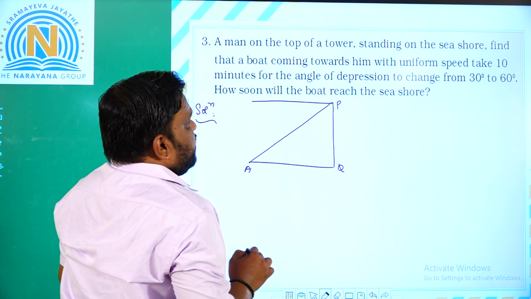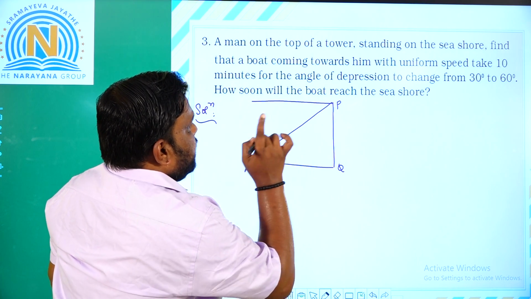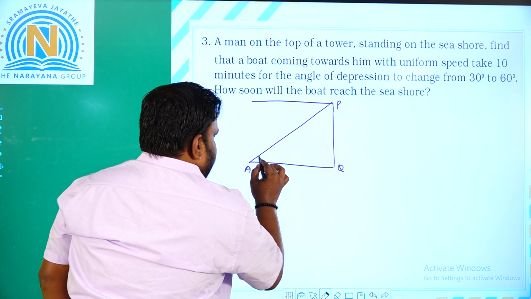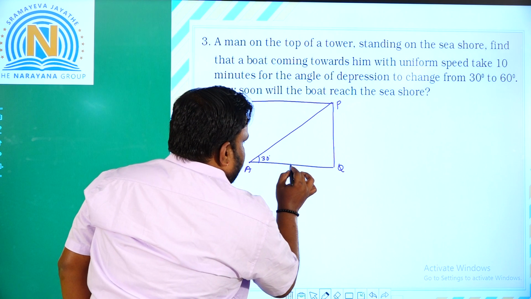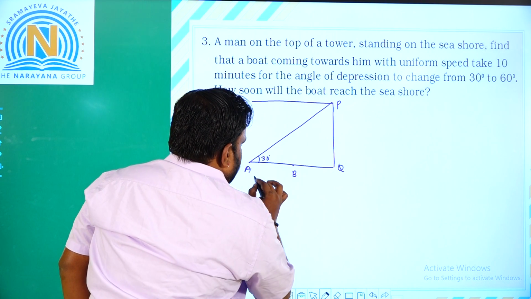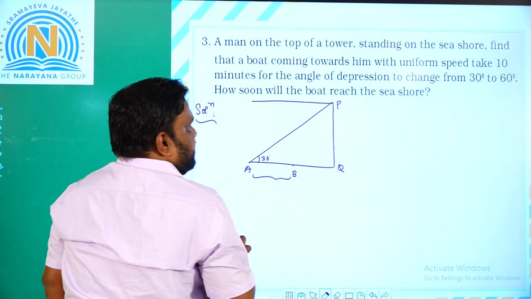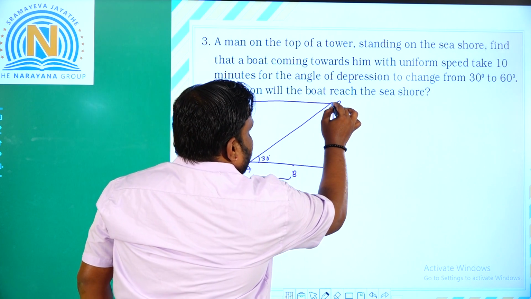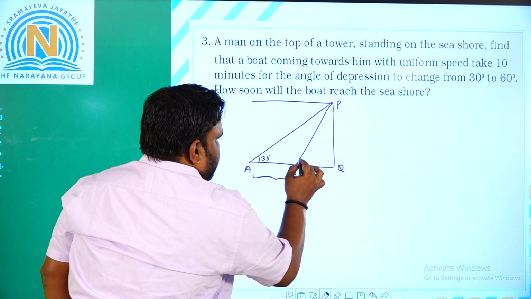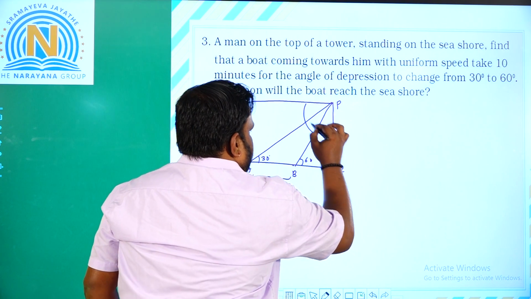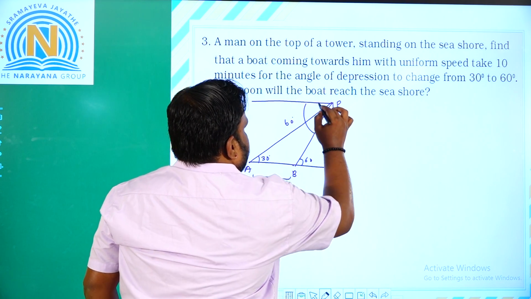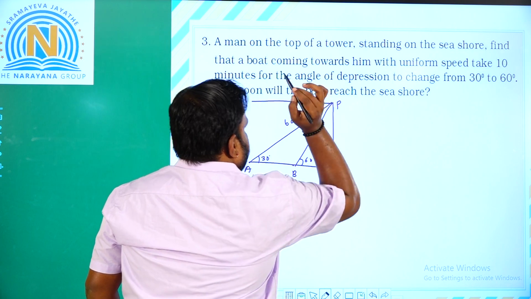Next, when you observe this one, the angle of depression changes from 30 to 60. Initially, the angle of depression is 30. Now, let us suppose he came up to point B. For this distance, he took 10 minutes. Now, here the angle of depression changed to 60. So this complete part is 60 here and this is 30.